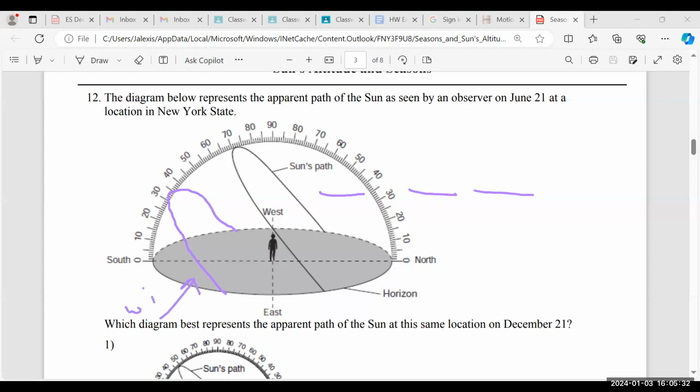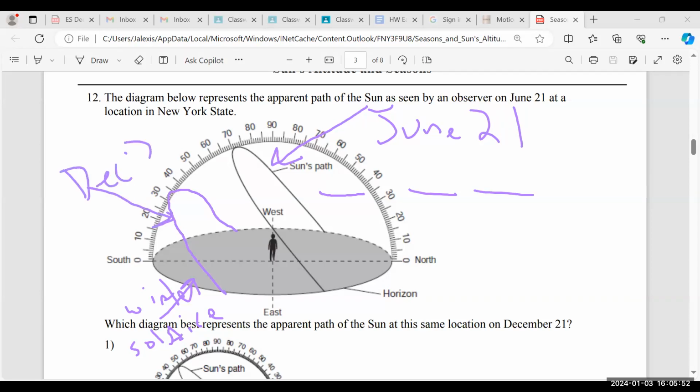The other thing that I do know from my winter solstice sun's path is that the sun's path has to be higher on June 21st than December 21st. So because it's December 21st, I know that I need a lower path.